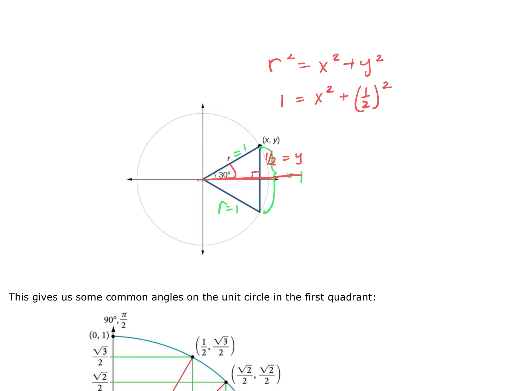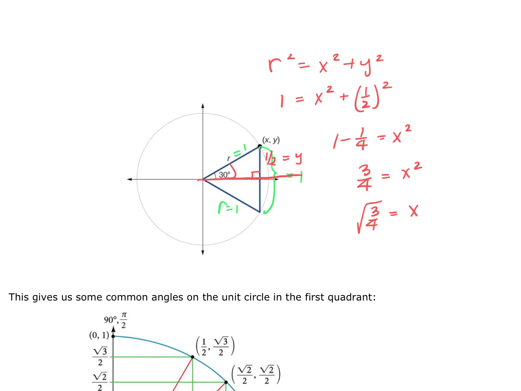Bringing the 1/4, because that's what 1/2 squared is, to the other side of the equal sign, I'll get 1 minus 1/4 is equal to x squared. Before I take the square root of this, I'm going to go ahead and combine this as a single fraction, and it ends up becoming 3 over 4 is equal to x squared. So I'm going to take the square root of both sides, square root of 3 over 4, and of course we are in the first quadrant, so I don't have to worry about the plus and minus, it is a positive.